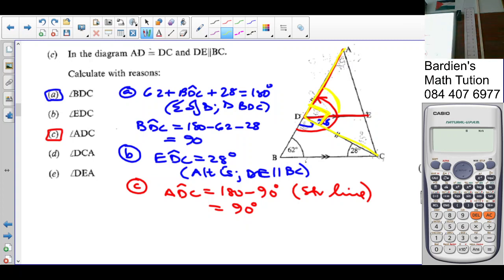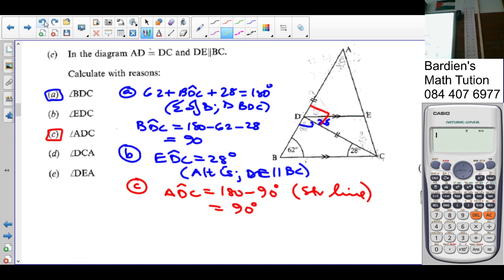Ask, don't be shy, ask. Not making sense, okay. That angle is equal to 90 degrees.